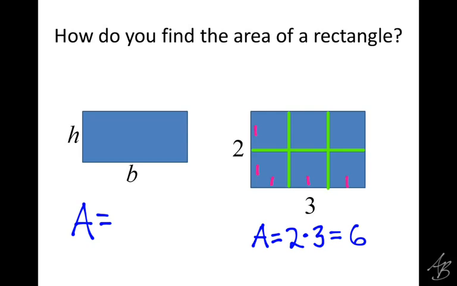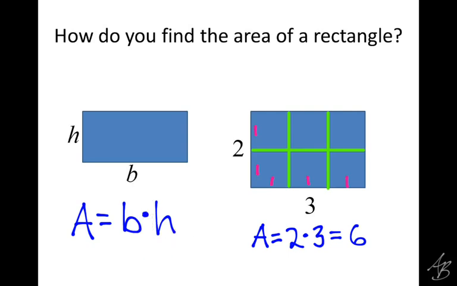We can't count, so it's not going to be 3 and 2 here, but it's going to be what? What letters do I have here? What variables do I have? Yeah, it's going to be the base times the height, so b times h. So the area of a rectangle when we don't know the length and the width or the base and the height, we're going to say is just the base times the height.